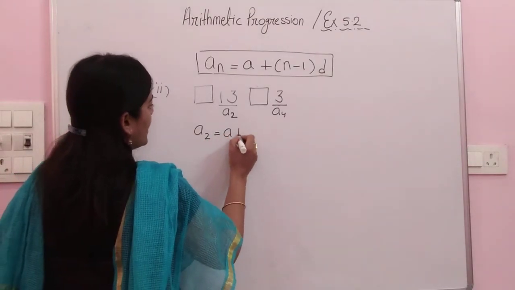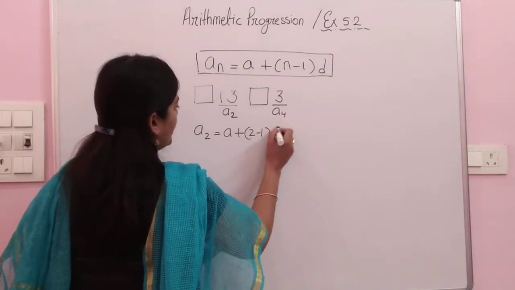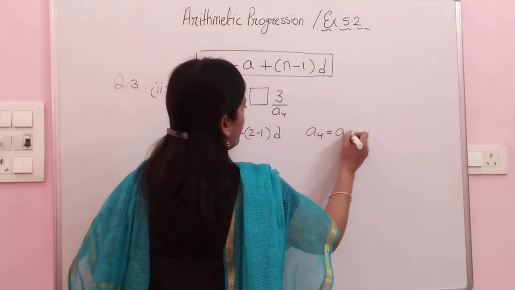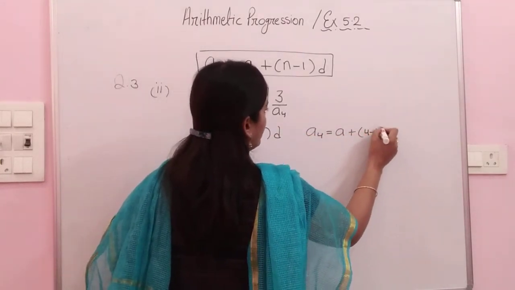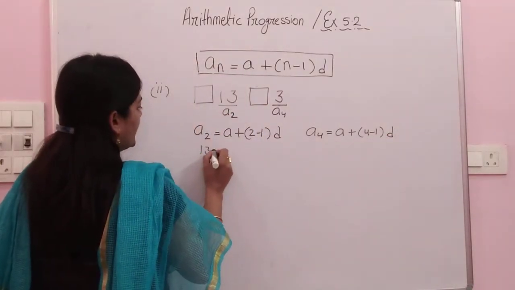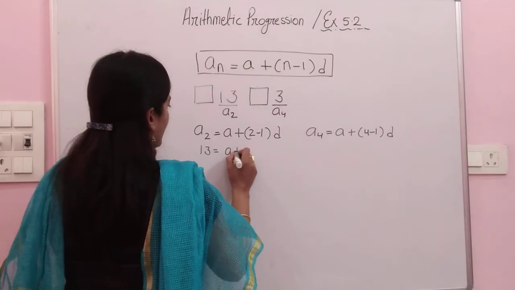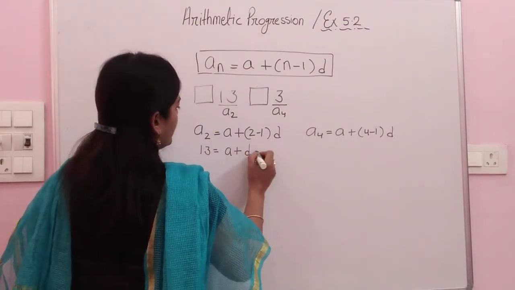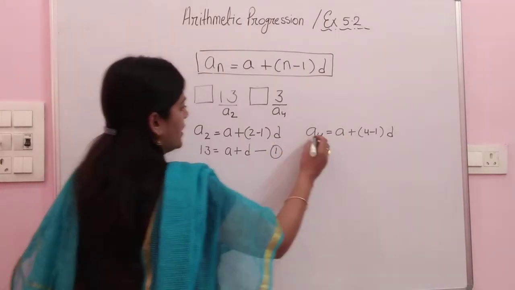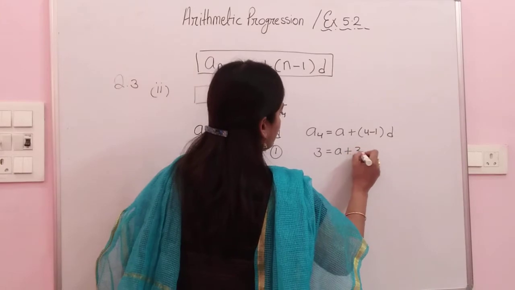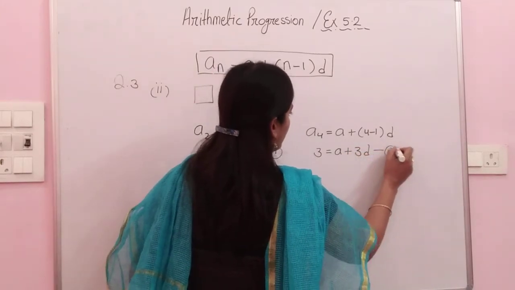A2 is equal to A plus 2 minus 1 times D, and A4 is equal to A plus 4 minus 1 times D. Clear? What is the value of A2? 13 is equal to A plus 2 minus 1, meaning 1D, only D. This is your first equation. And the value of A4 is 3, equal to A plus 3D. This is your second equation.